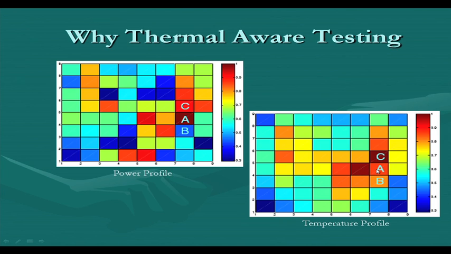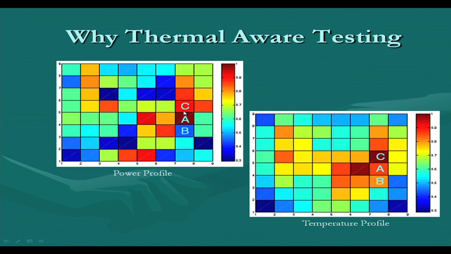Because the heat generated depends not only on the power consumption of a single block, but also on the surrounding blocks, because through the boundary the heat will be transferred from C to A or A to C, and similarly here.